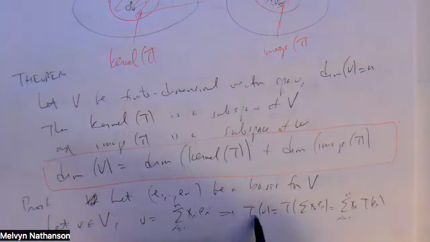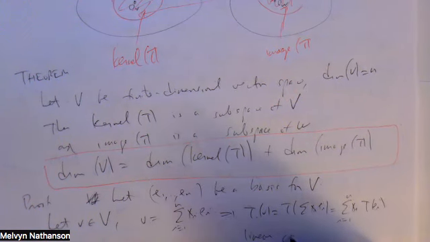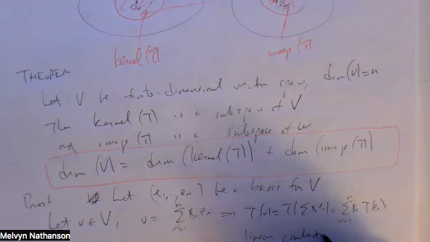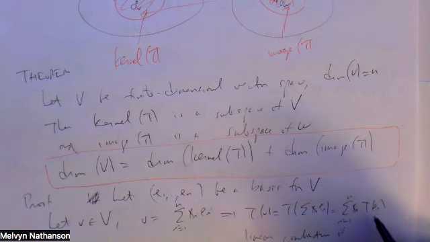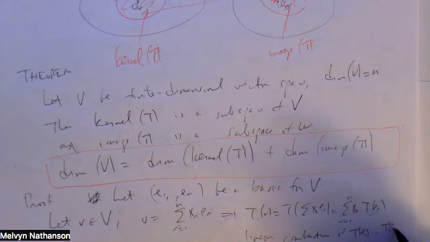So every vector in the image is of the form T of V, and T of V is a linear combination of these n vectors, T of E1 up to T of En.